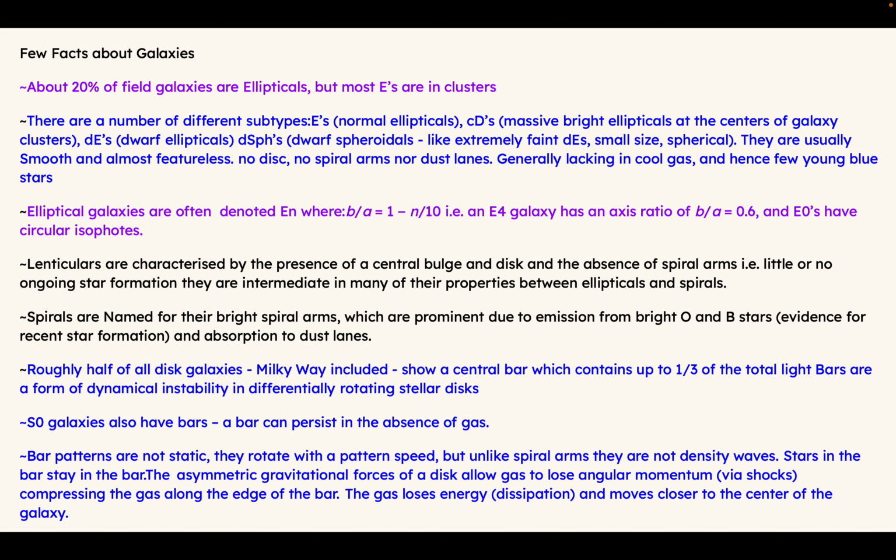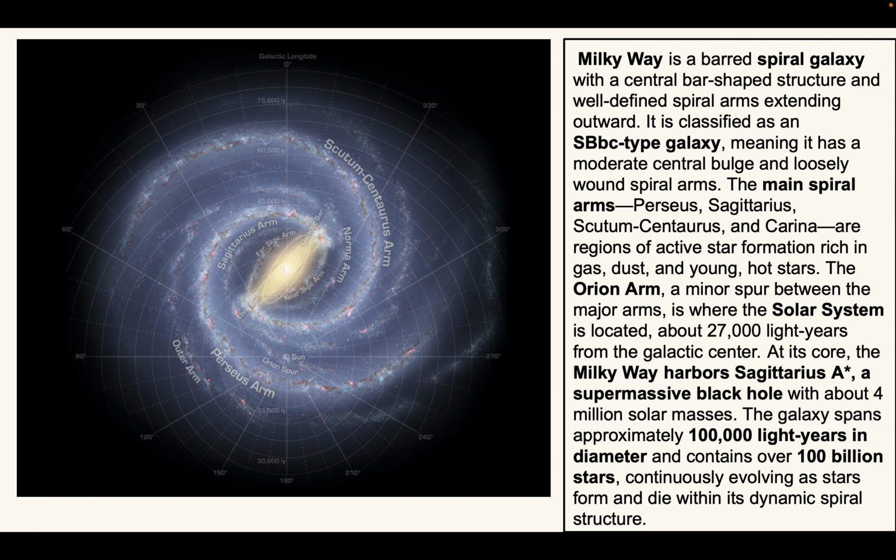So here we discussed a few observational facts about the different types of galaxies, such as elliptical galaxies, spiral galaxies, and barred spiral galaxies. And now we should see what the shape of our Milky Way is.